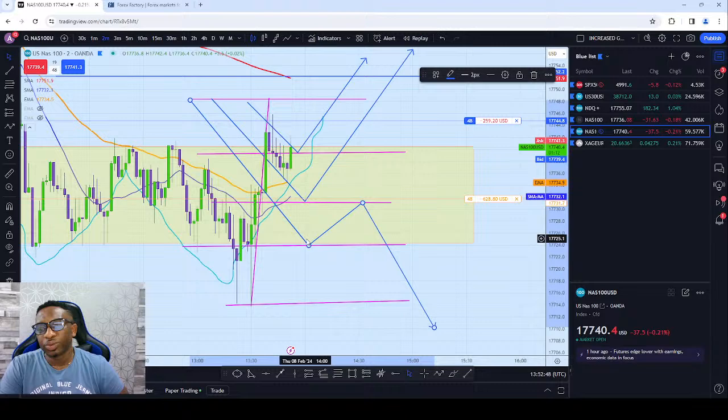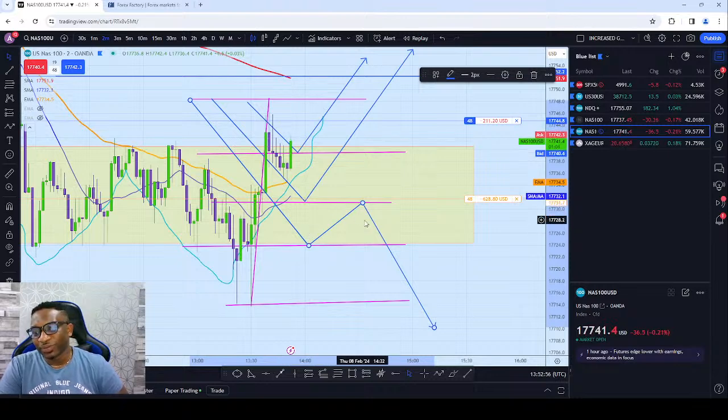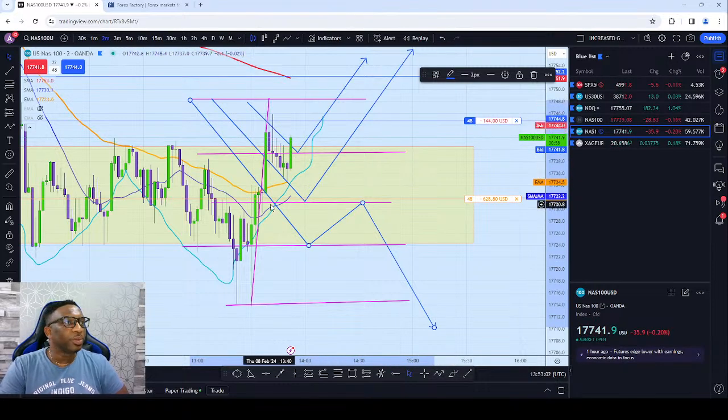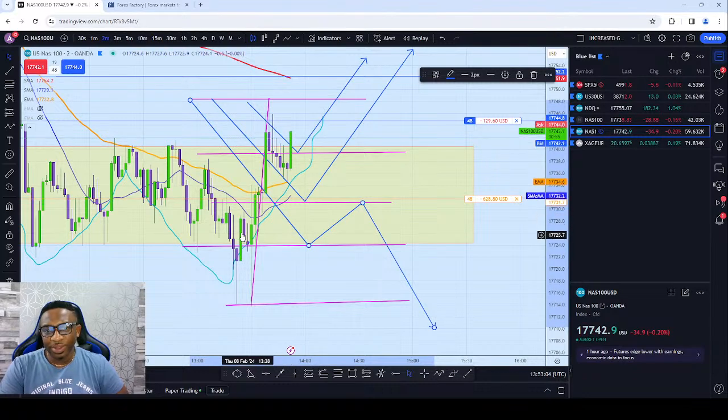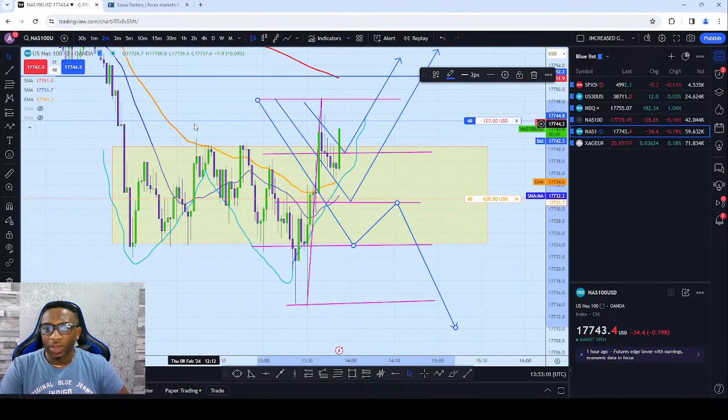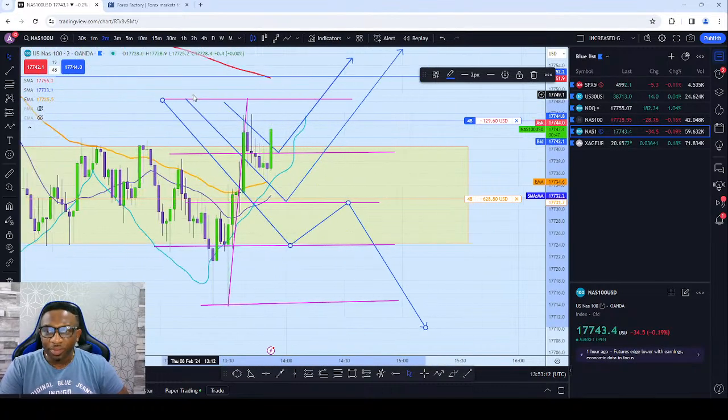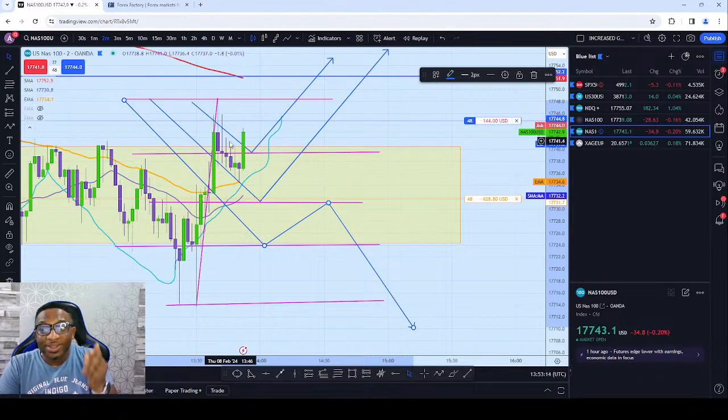If price stays above this top half, we have a high chance of it going up. But if it drops to the bottom half, it has a chance of going down. So currently, it is staying in the top half. So we incorporate all this into how you trade.